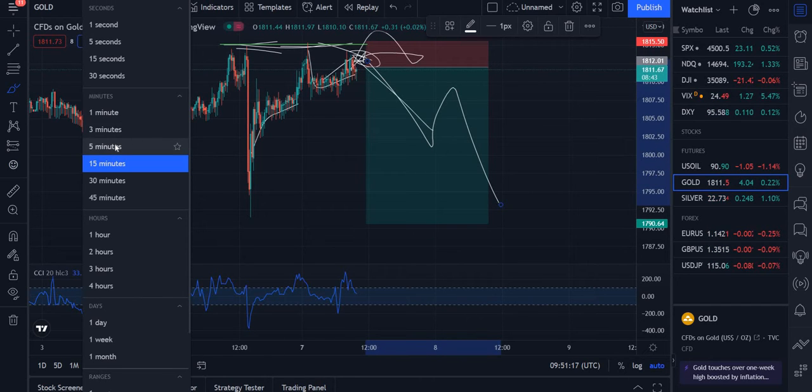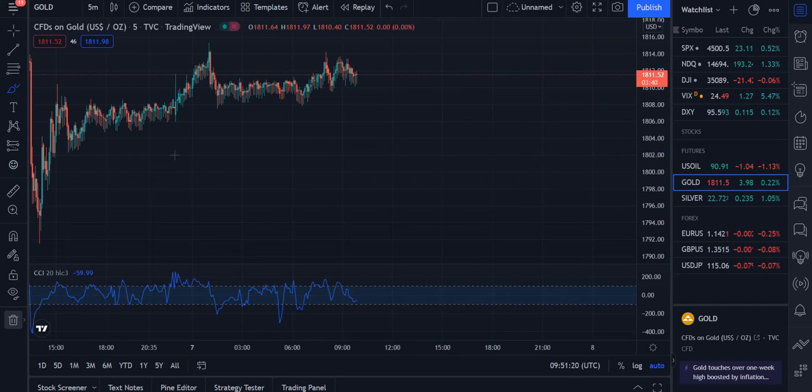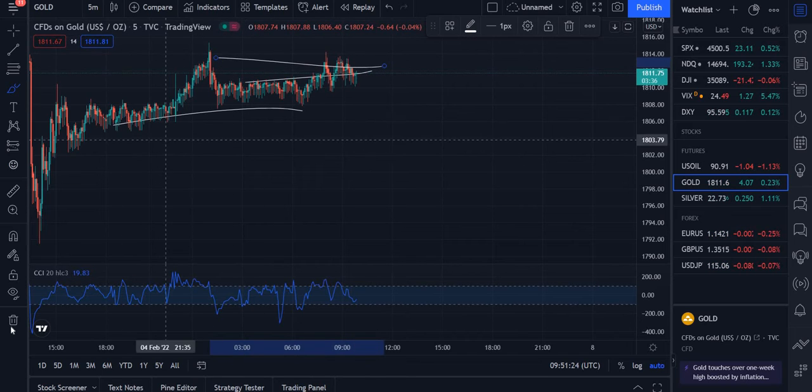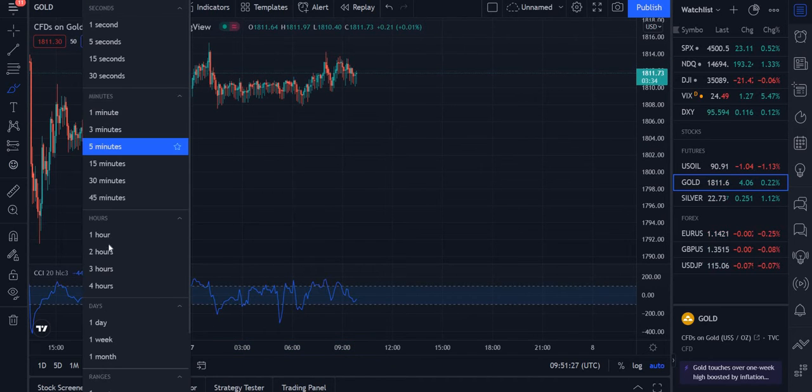If we check the 5-minute chart here, well, again, not much movement. It's the first hours of the market opening.